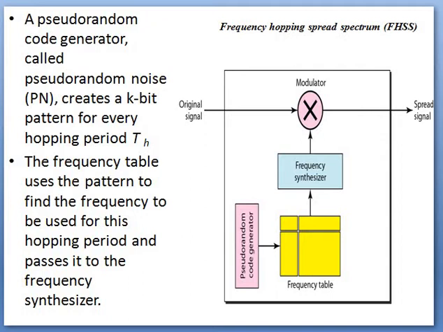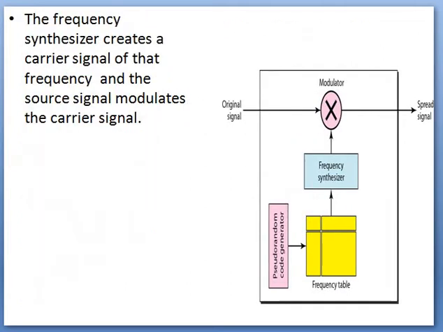The frequency table uses the pattern to find the frequency to be used for this hopping period and then passes it to the frequency synthesizer. The frequency synthesizer creates a carrier signal of that frequency, and then the source signal modulates the carrier signal.